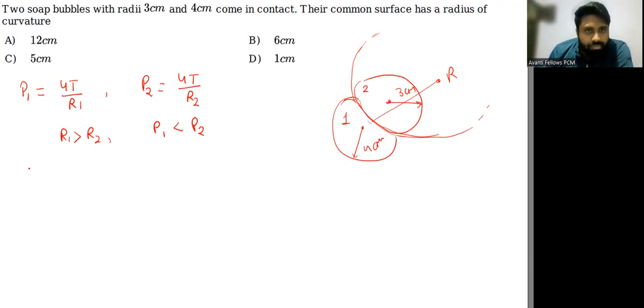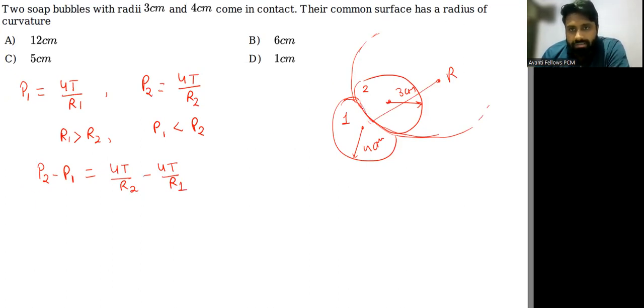So P2 minus P1, if I calculate, is equal to 4T upon R2 minus 4T upon R1. Now this same pressure difference is at the junction, at the contact surface.